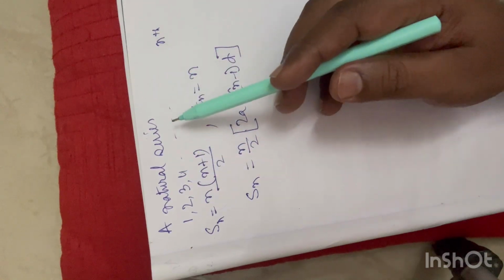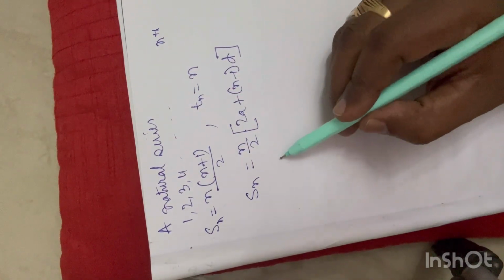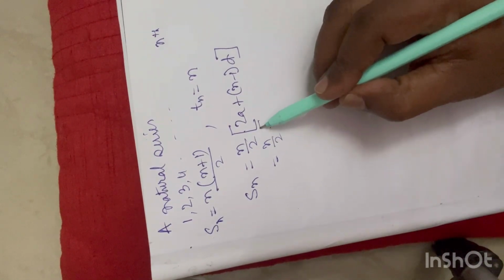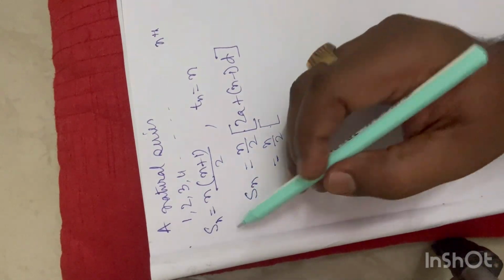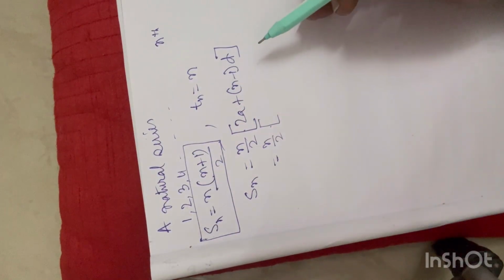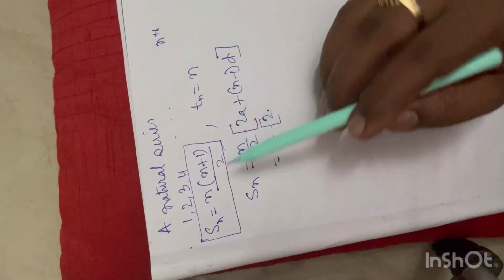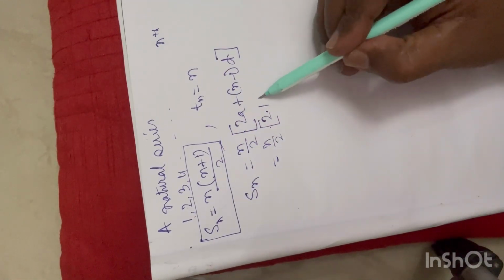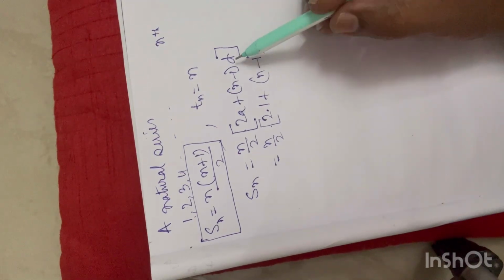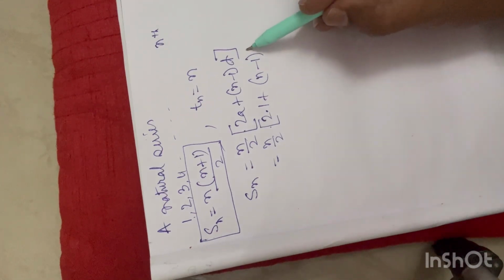That's why any natural number series is an AP, and using this formula you can get the sum, and this can be used directly in case of any need. So now 2 into a, where the first term is 1, plus n minus 1 into d, and d is again 2 minus 1 or 3 minus 2, whatever you say, it is 1.